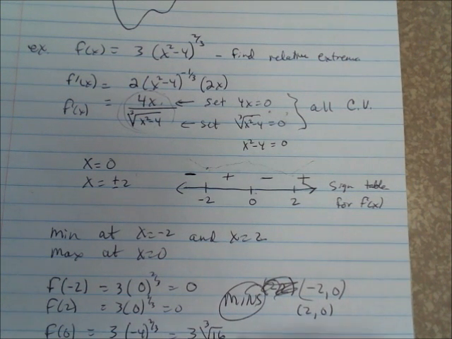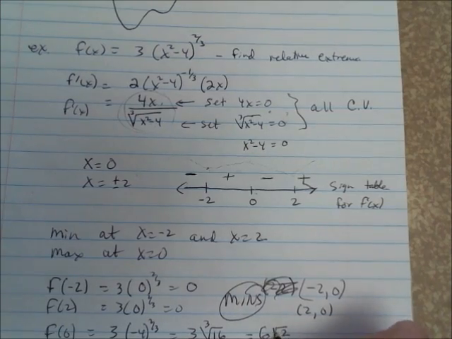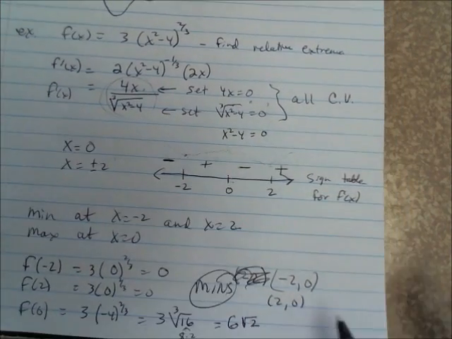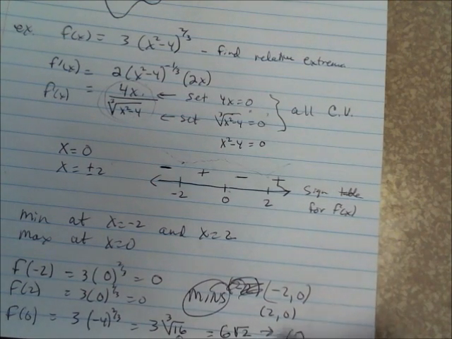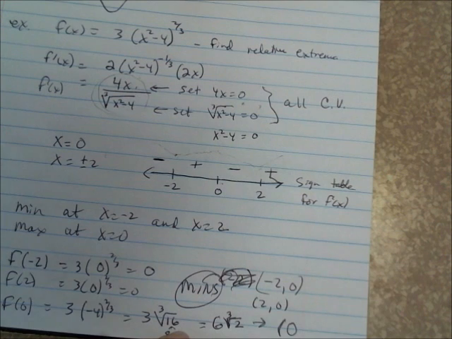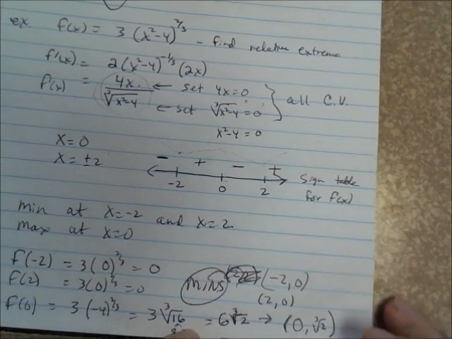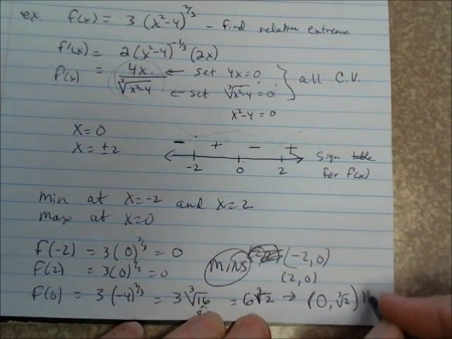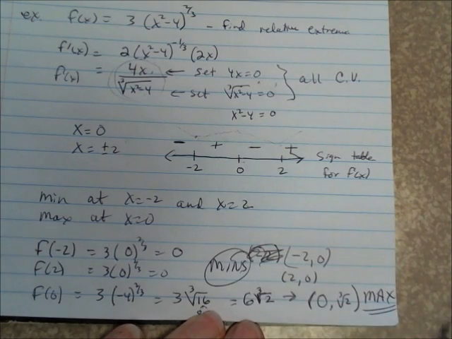And the cubed root of 8 is 2, so we have 6 times the cubed root of 2. So that's the y value. So the maximum point is when x is equal to 0. Oh, that's the cubed root of 2, sorry. So 0, comma, 6 times the cubed root of 2 would be the local max. So we have 2 mins and 1 max.